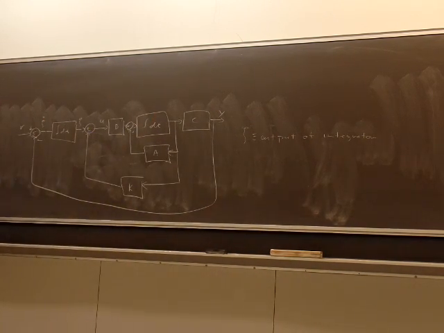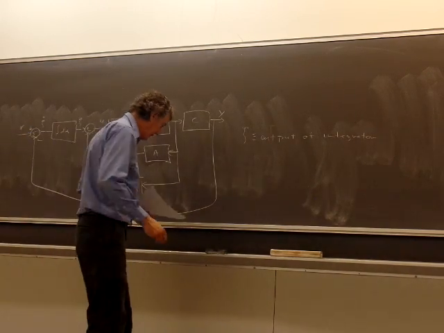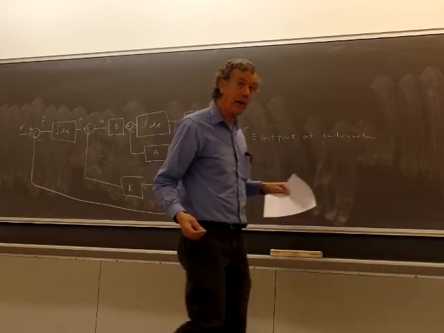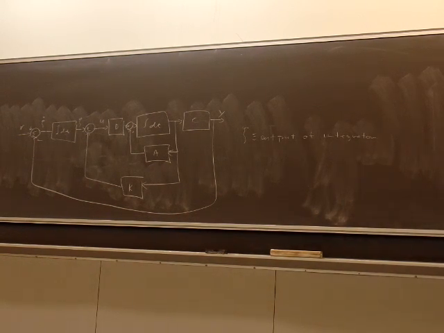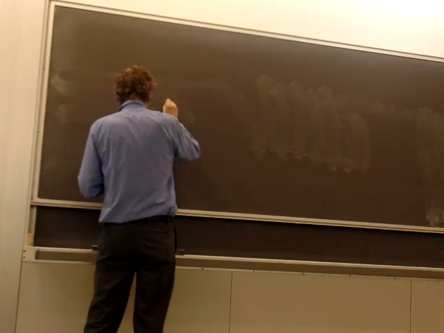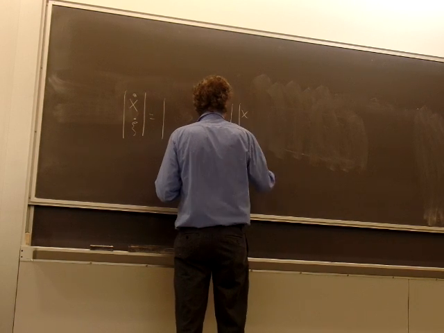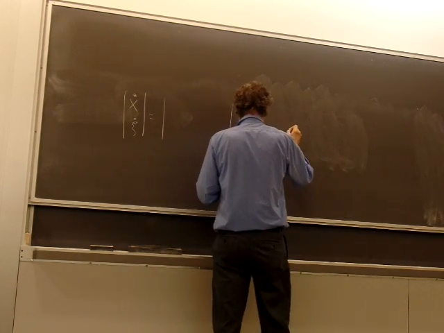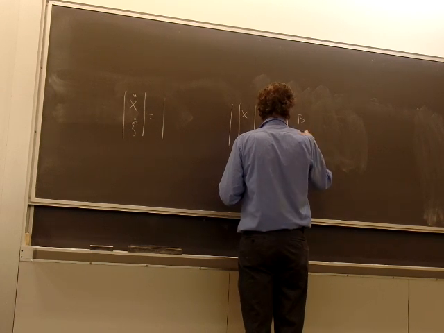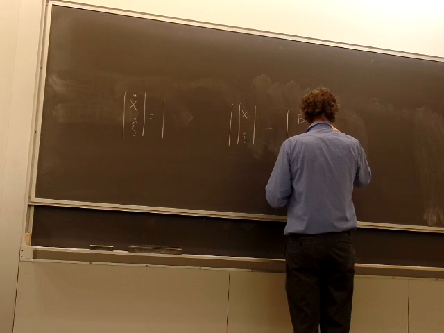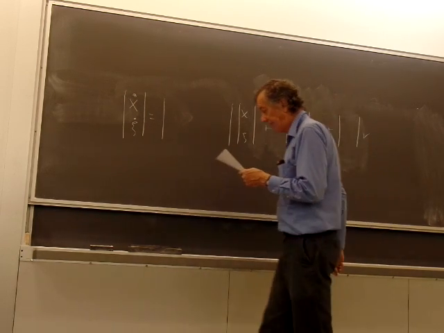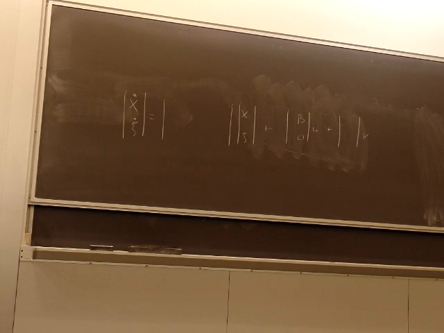Adding an integrator to the system should make it go from a type 0 to a type 1 system. Well, let's look at the state equations for this thing with this extra state. We've actually added a state to the system. We have our original states, x.